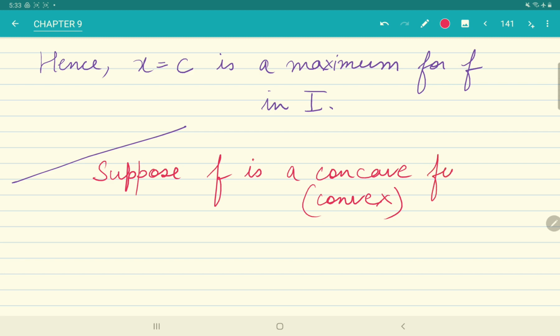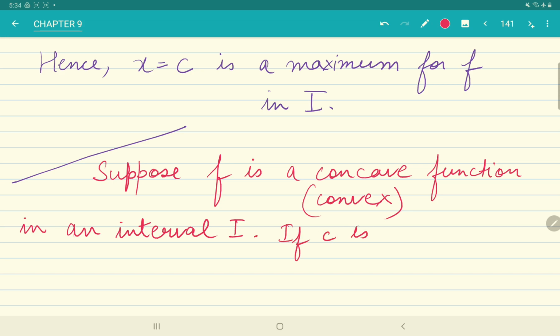It is a concave function in an interval I. If C is a stationary point for f, that means f prime C is equal to 0, that I already know.